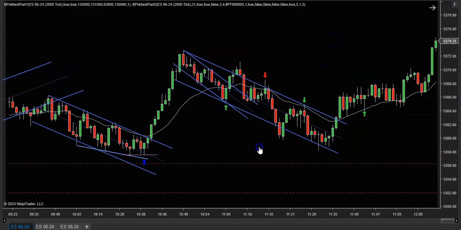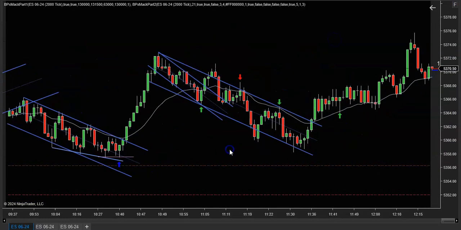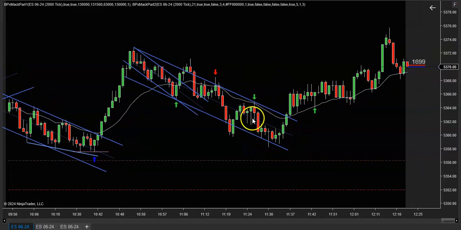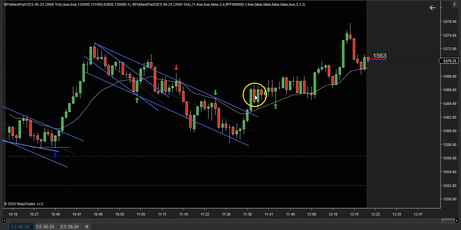I like that. And then you get a second entry short here, but there's a lot of overlap in these bars, and it's a doji, so I don't really like that one. And then you get a first failed second entry short right here, looking at this as a double bottom. But look at all that overlap. I don't like that.